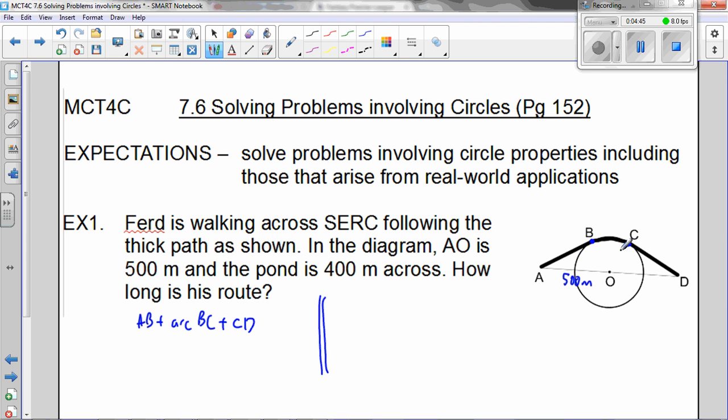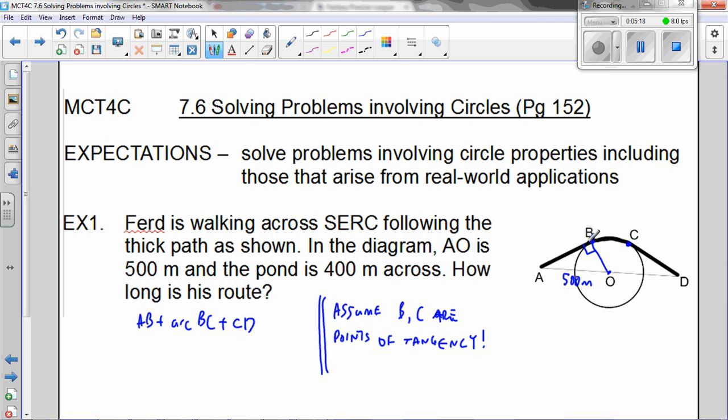Otherwise, we've got no idea about any of these angles or anything like that. So we're going to assume B and C are points of tangency. And this would be given in the question, and it will be in the homework. So if that's a point of tangency, what information do we know? Well, that means that this angle is 90 degrees, right?